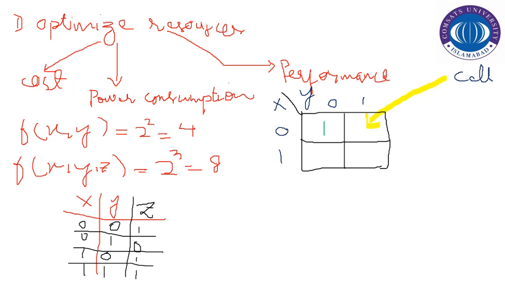For 0, 1, the output is 0, so we'll write 0 here. For 1, 0, the output is 1, so we'll write 1 here. And for 1, 1, the output is 1, so we'll write 1 in this cell. So this is the way we have constructed a map of two literals, and we have placed our Boolean function in the respective cells.